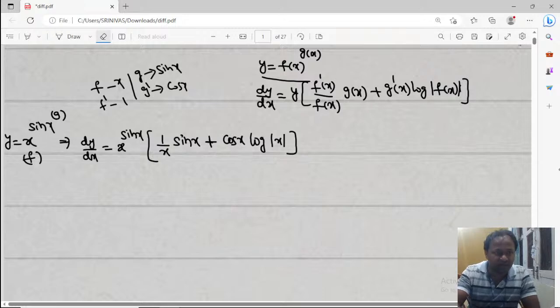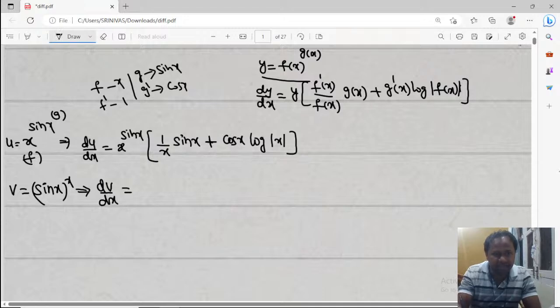Now for convenience I will take this as u. Then v is equal to sin x power x. Same method. Here du by dx is this, and dv by dx is equal to sin x power x into f dash of x.